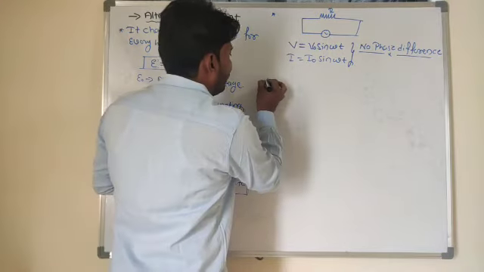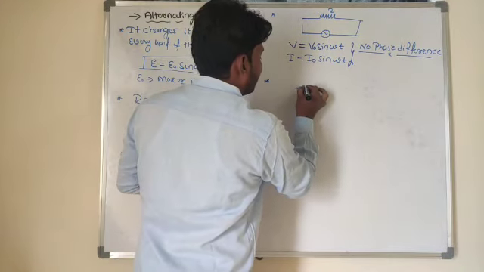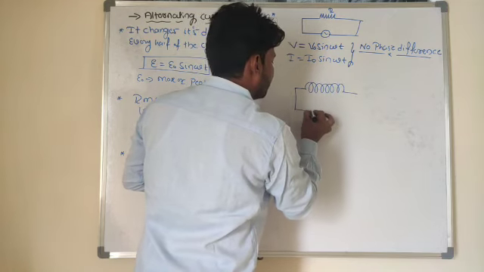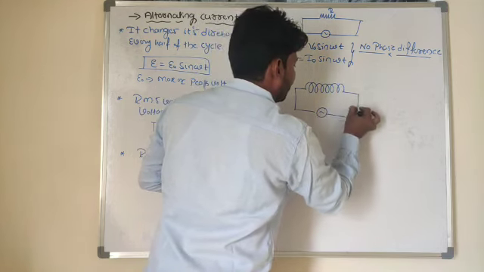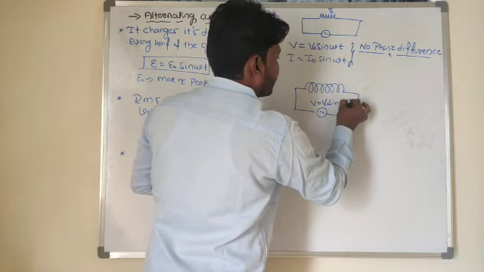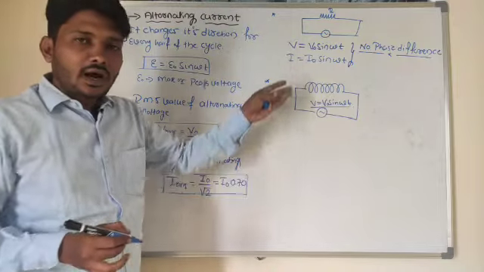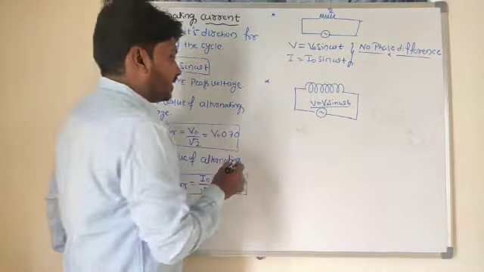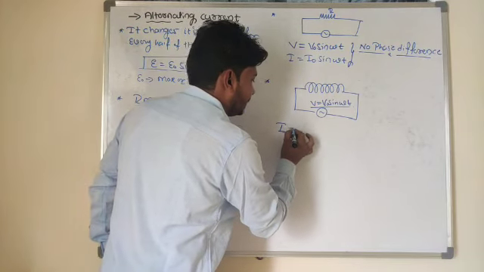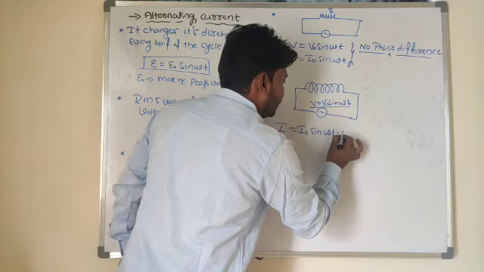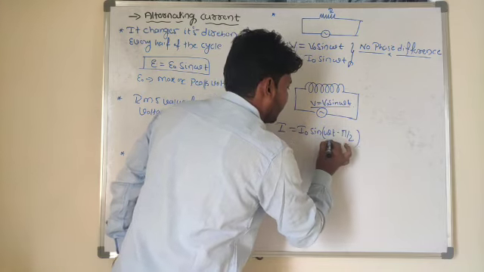Now I will consider an inductor. Whenever alternating voltage is passed through an inductor, the alternating voltage is V is equal to V naught sine of omega into T. After deriving the expression, the current through the inductor I can get here: I is equal to I naught sine of omega into T minus pi by 2.